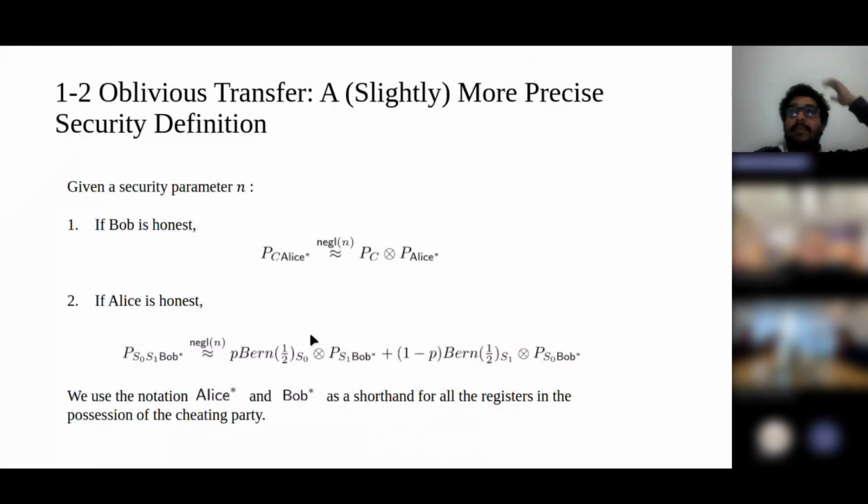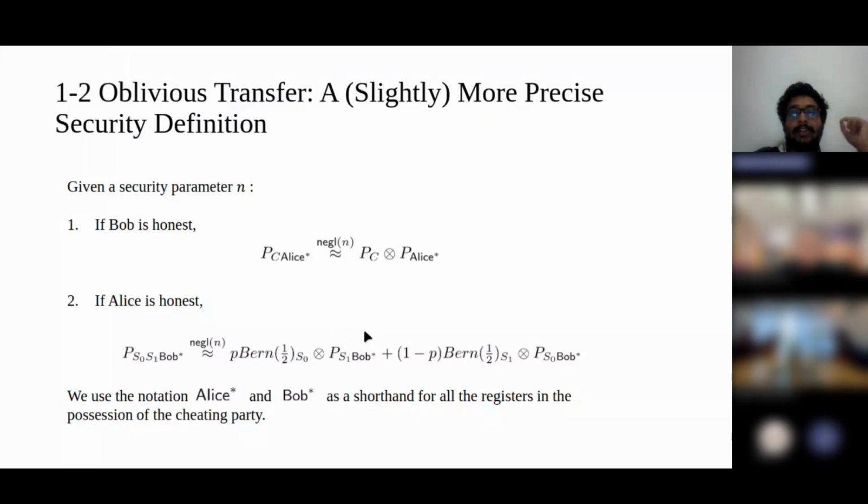So the security condition here is basically that the joint distribution between S0, S1, and Bob star has to be splittable in a convex combination into these two worlds, where in each world Bob does not know at least one bit.